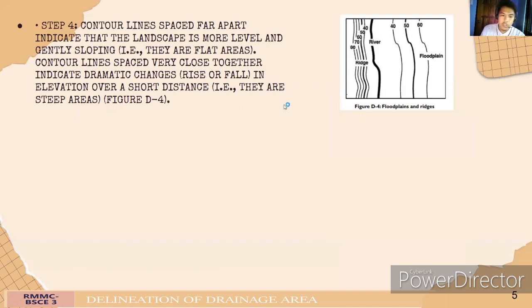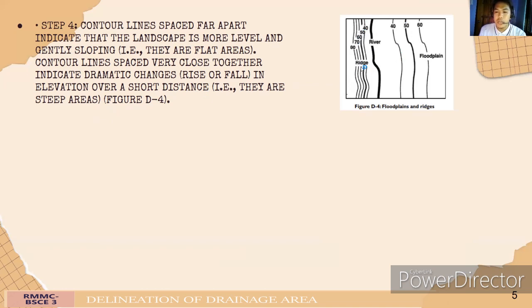So we can see in figure D4, floodplain and ridges. You can see different kinds of contours. This one is far apart, this one is close together. These closely packed contour lines mean they are steep areas, with a rise or fall.